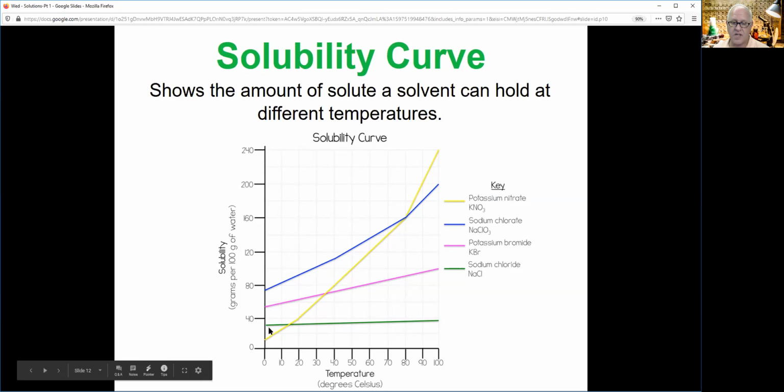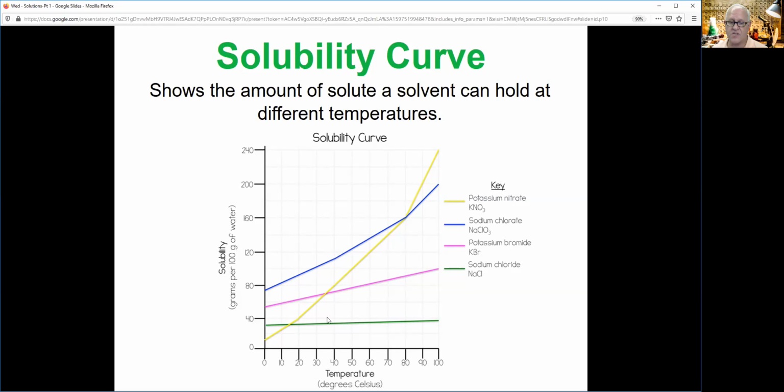And only looks like about 35 grams will dissolve in water, regardless of the temperature, from 0 to 100 degrees. However, if we look at potassium nitrate, as the temperature is increased on the water, more and more potassium nitrate can get dissolved in that solvent.